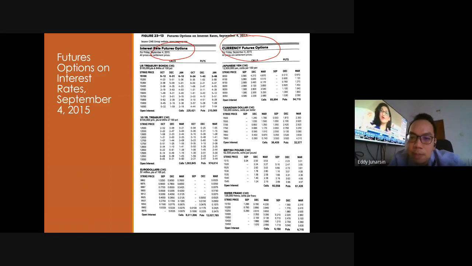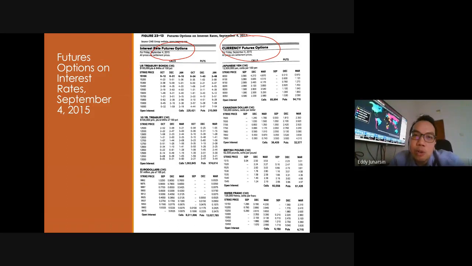Every day, with the advancement of modern technology, information and communication technology, we can produce, almost every day or even more than once a day, new instruments by combination, with different payment characteristics and risk characteristics, and so forth.